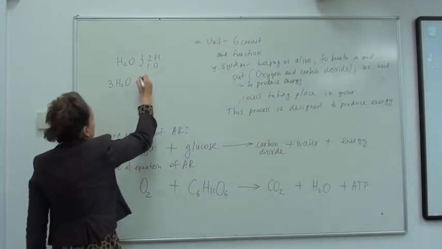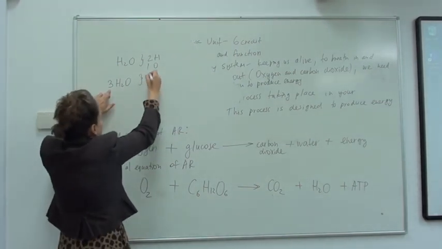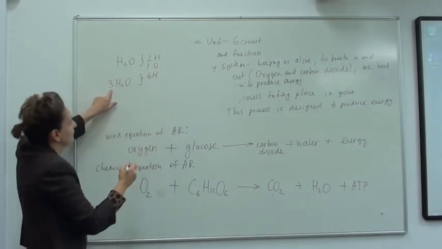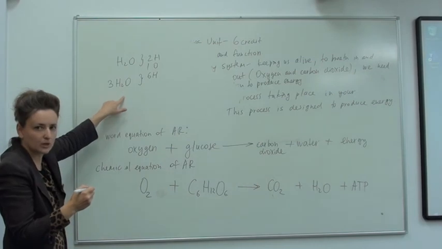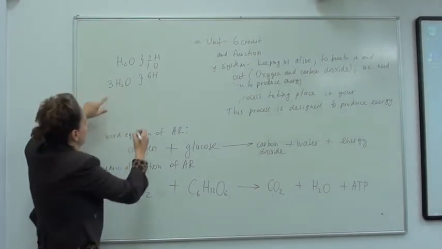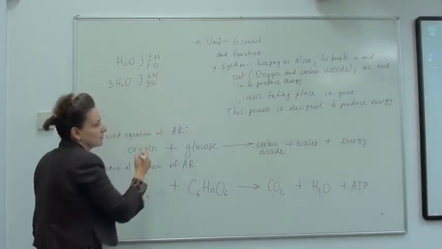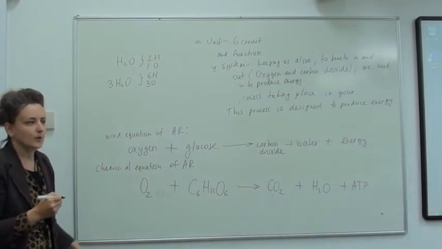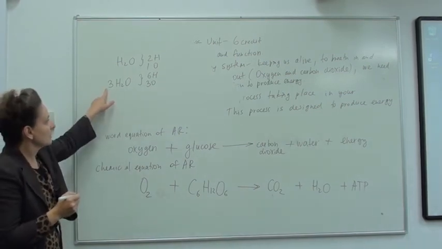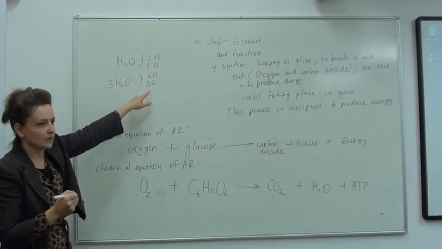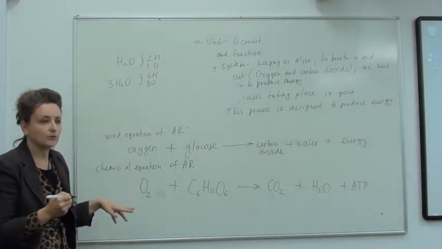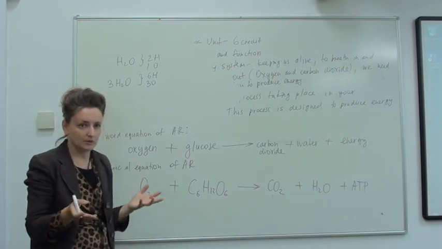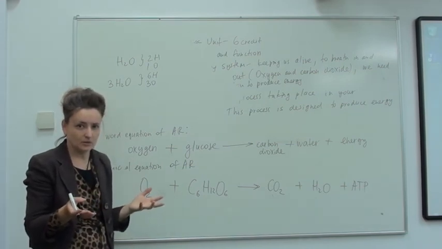That would mean I've got 6 hydrogens, 3 multiplied by 2, because it's 3 lots of 2 hydrogens, and 3 oxygens. Can you see how it works? By changing those numbers, you can change the number of atoms you have on each side of your equation. And all you need to do is go about it in a logical way.